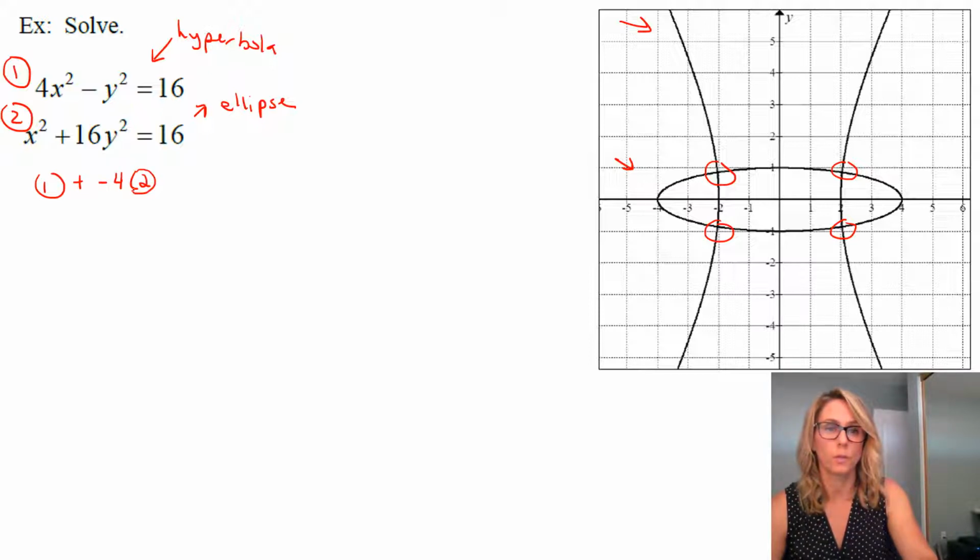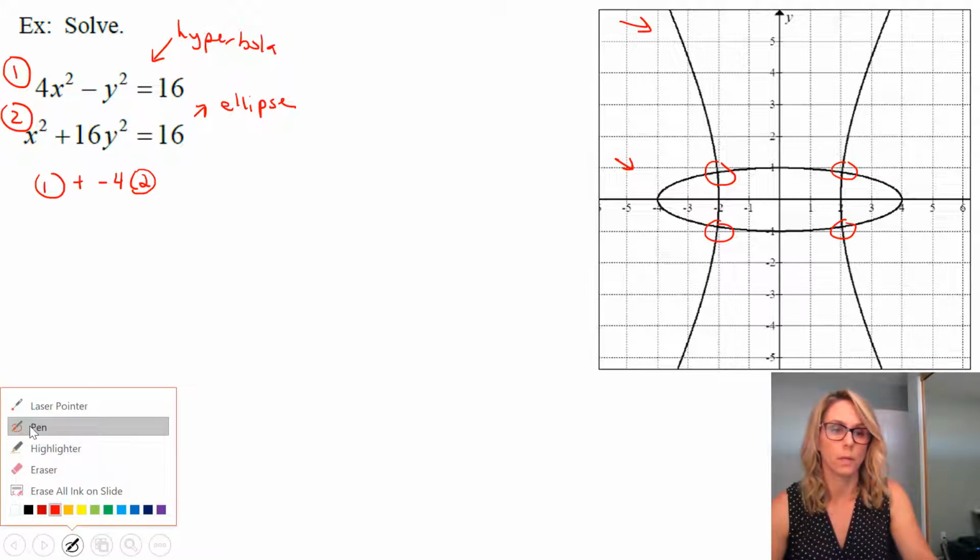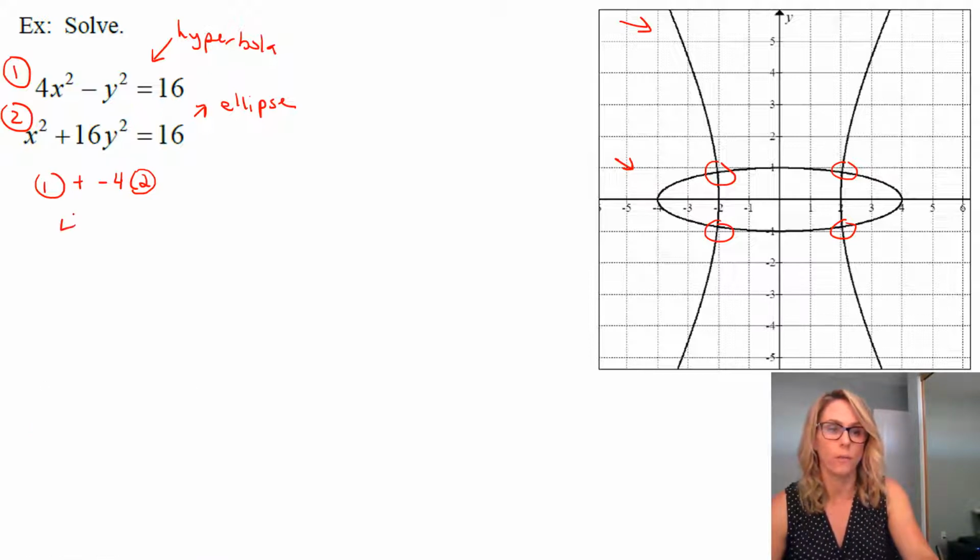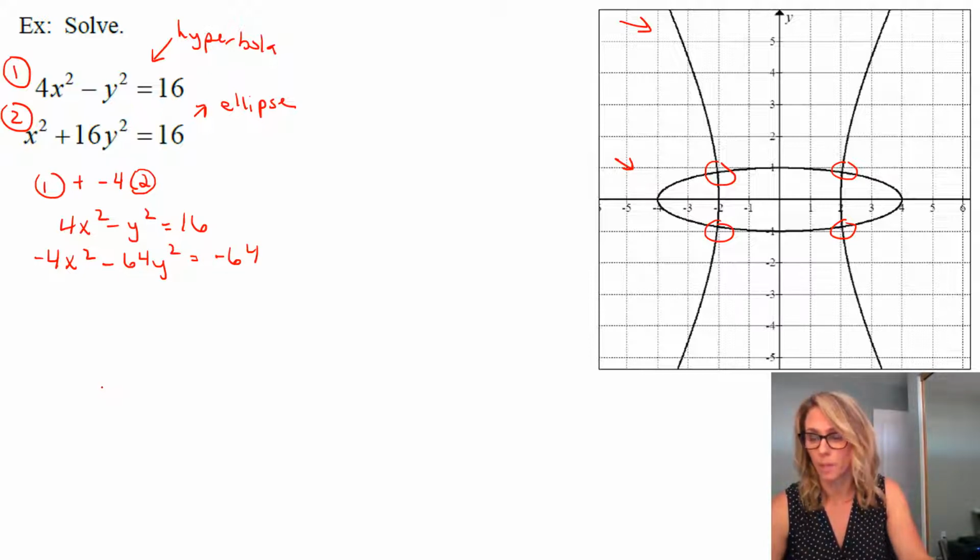So it's going to look like this, and that's the end game here. I have 4x squared minus y squared equals 16. My second one will now be -4x squared minus 64y squared equals -64. So a lot happening there.